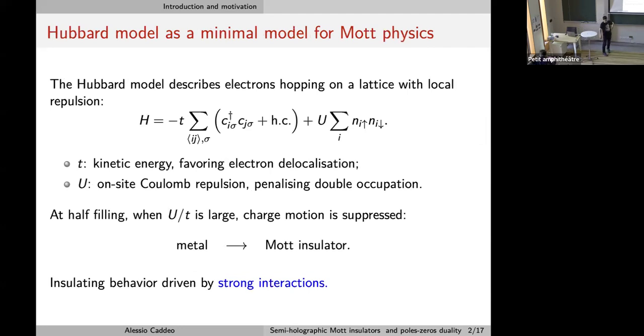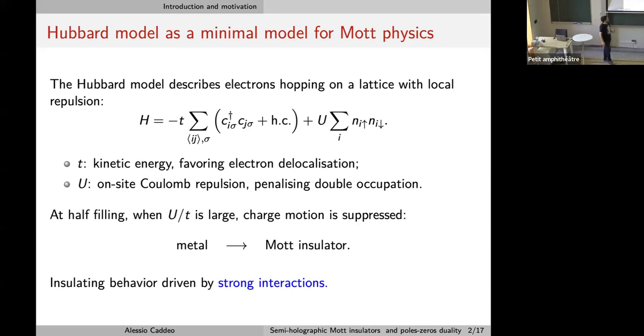So probably the simplest and still very rich model in which we can observe such a phenomenon is the well-known Hubbard model. In this model, we consider electrons on a lattice, and we consider a Hamiltonian of this kind with two terms: the term with parameter T, which is the kinetic term describing conduction, so hopping between two neighbor sites.